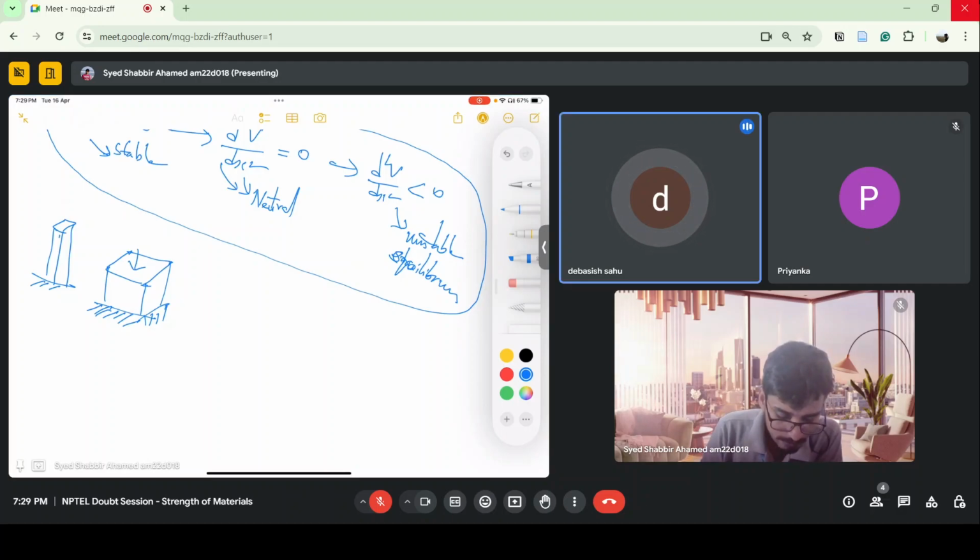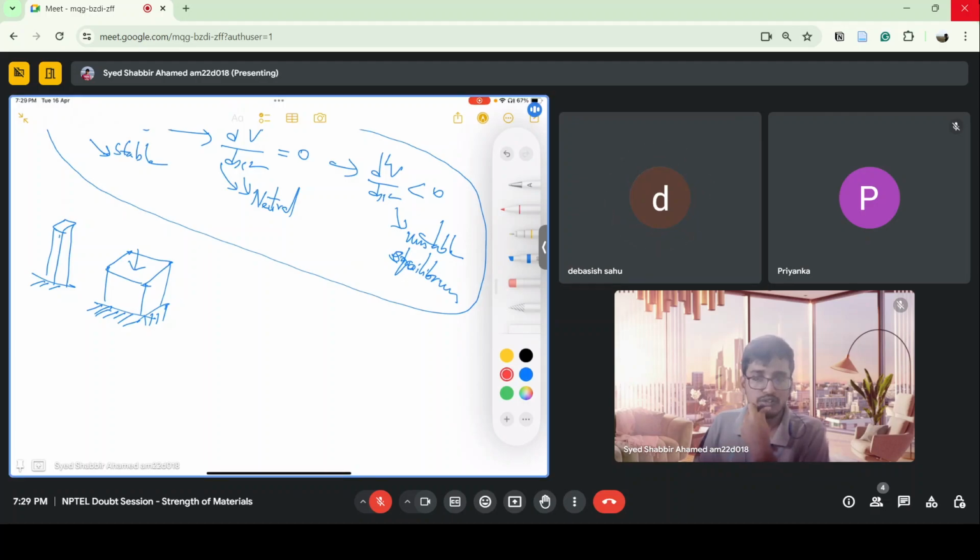Sir, in construction or otherwise in any other thing also we use hollow beams. Yeah, we do use hollow beams, especially not in concrete structures. In steel structures, you can see a lot of hollow sections.